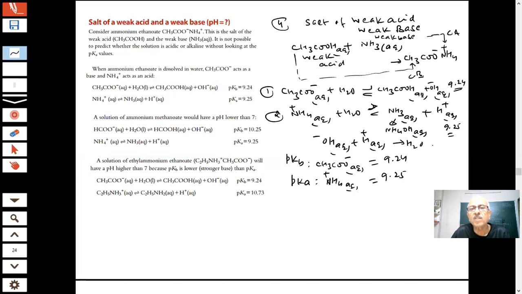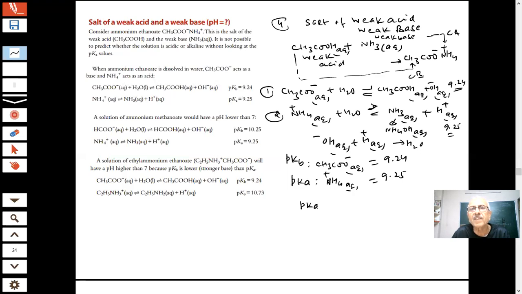Now the question is, in this case, will the solution have a pH less than 7 or greater than 7? What is the meaning of pKa?